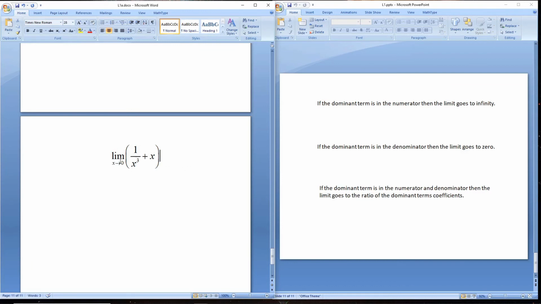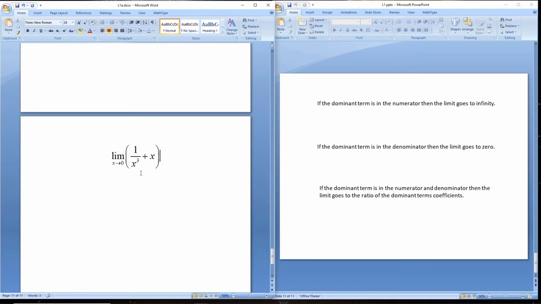If we look at this, now I've made x go to 0, which is something completely different. The dominant term in this case would actually be 1 over x cubed, because as x goes to 0, it's 1 over x cubed that's now blowing up to infinity.